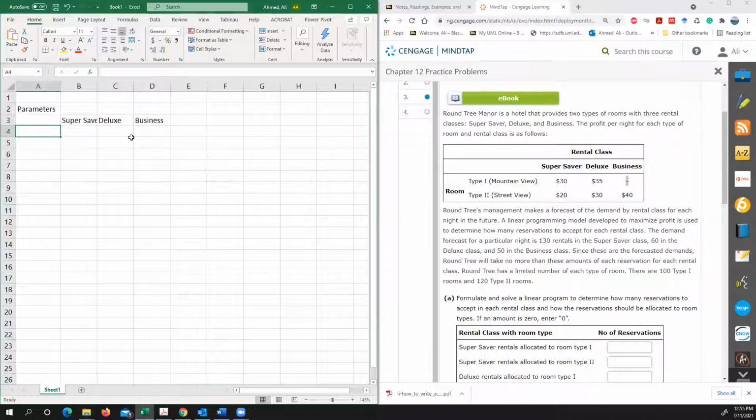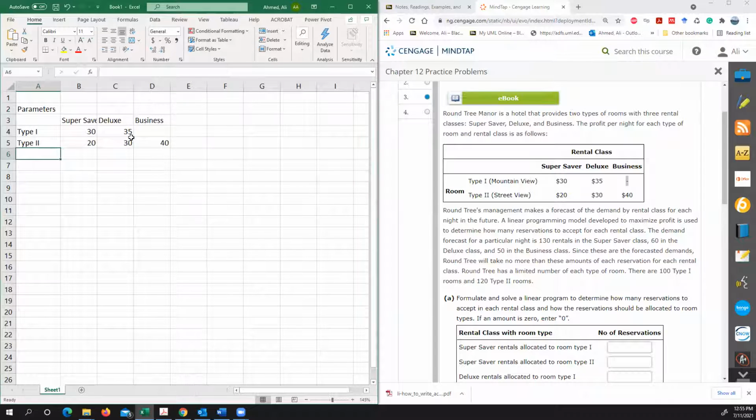Here we have type 1, type 2. Sorry, it should be 40.